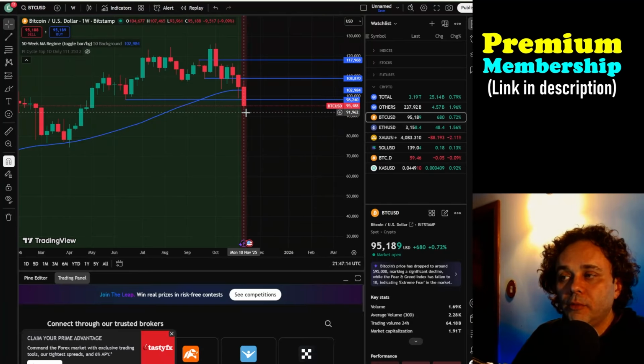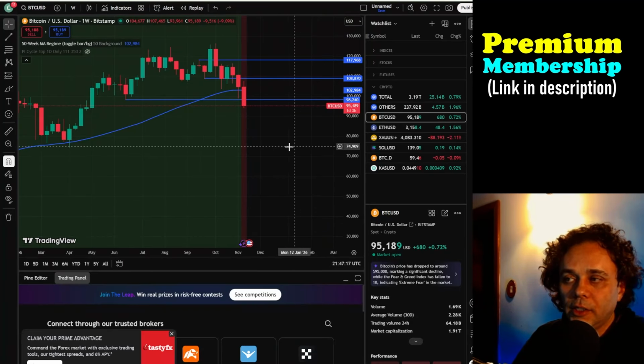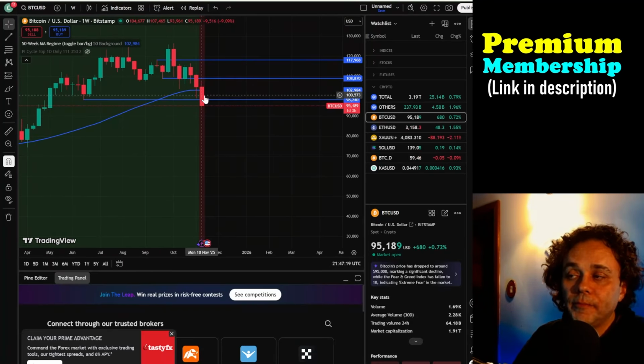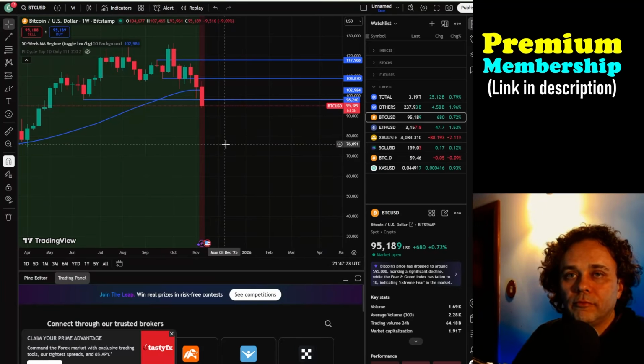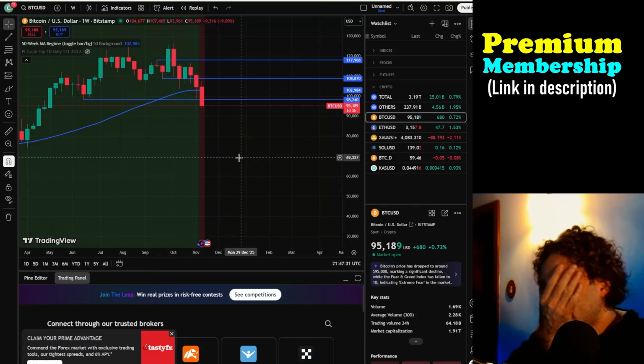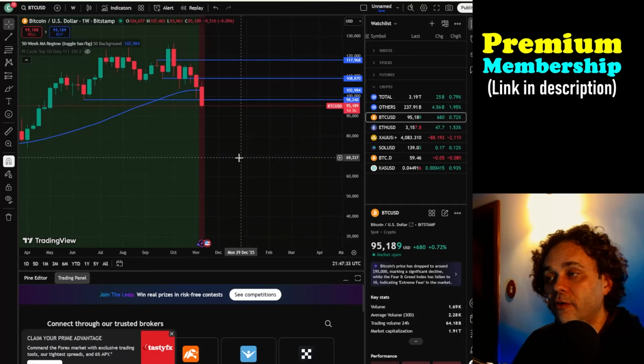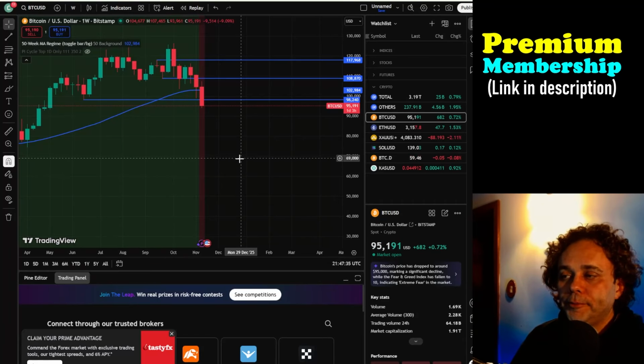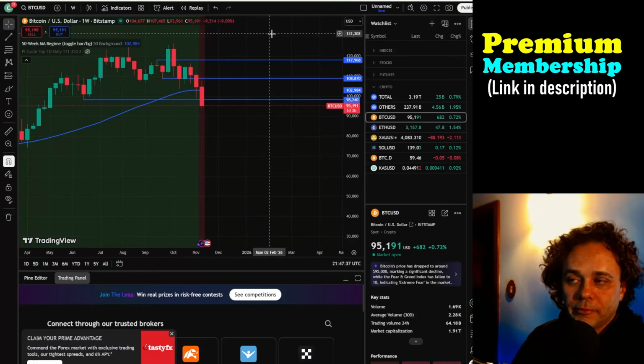And a lot of people are going to dump because their belief is that we're going into the bear market. But I believe a similar phenomenon is going to happen like right after the first top of the double top of last cycle, where we see a whole bunch of red going down, maybe to 70K or whatever, and then it's going to go back up.